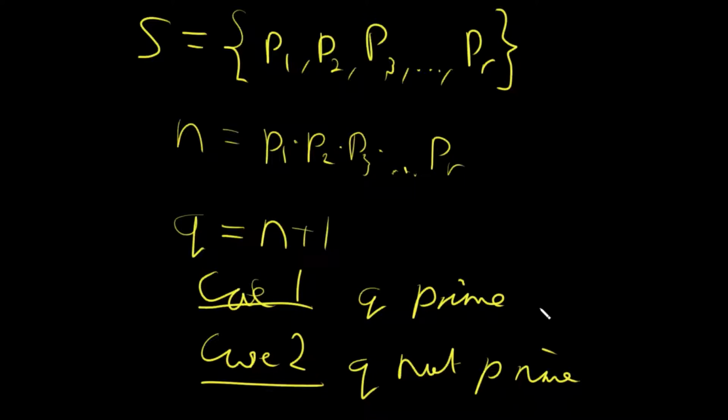So don't worry if you don't understand that part, but if it's not prime, then there must be a prime number, little p, which divides Q and it divides n.